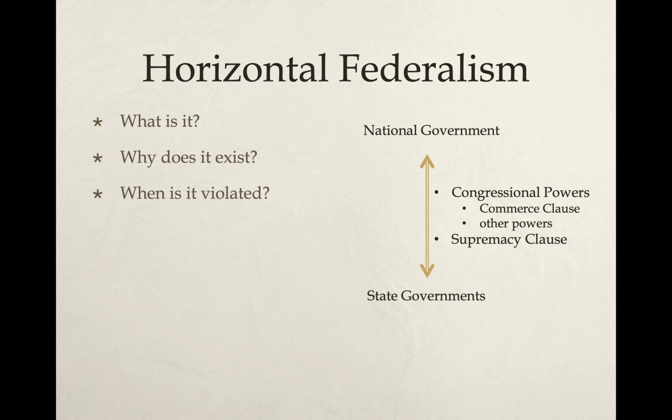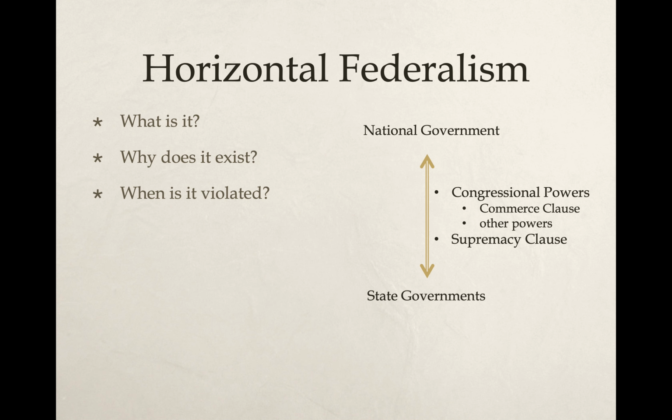We often saw the fights that existed when we were looking at the validity of federal statutes, because we know that if a federal statute is constitutional, then it's supreme to any state law. So there were a lot of fights in the name of states' rights over whether Congress had in fact enacted valid laws, because once the conclusion was reached that the law was valid, it became supreme to any state law.